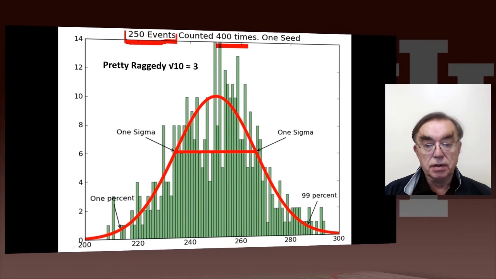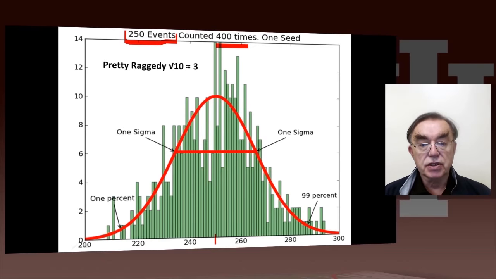Here's the appropriate normal distribution. Here's our histogram with 250 living somewhere around here. And it's pretty raggedy. Notice that the top is 10, and the square root of 10 is 3. These results are not inconsistent with that, and so you're just seeing the typical fluctuations you will get in any experiment of this size.